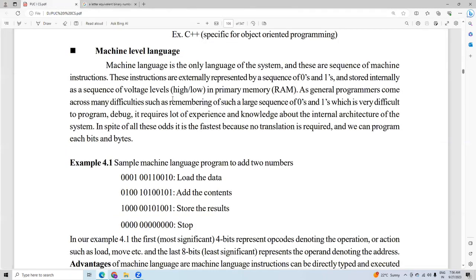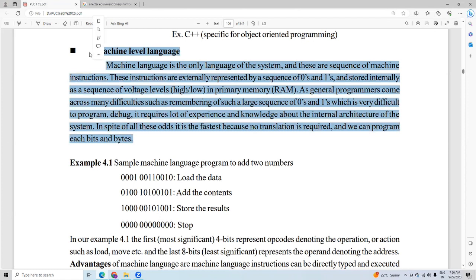Just for writing a 5 letter word, you are writing 40 digits. Now if I want to write this paragraph only, how many binary digits would you have to write? One is the writing problem. Another is remembering all those digits in the form of binary, which is not easy. It is very difficult.